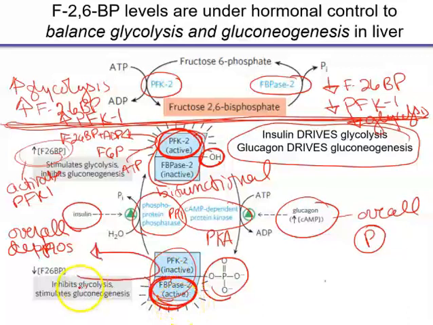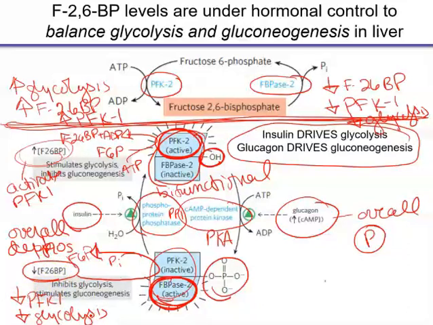When fructose bisphosphatase 2 is active, we're reducing the concentration of fructose 2,6-bisphosphate because it's becoming dephosphorylated, right? And this phosphate leaves as Pi. And so by dragging down the concentration of fructose 2,6-bisphosphate, we reduce the activity of PFK1, and therefore we reduce the activity of glycolysis.